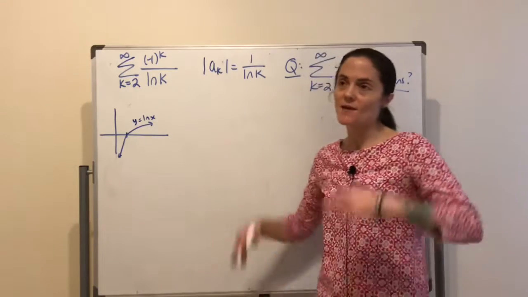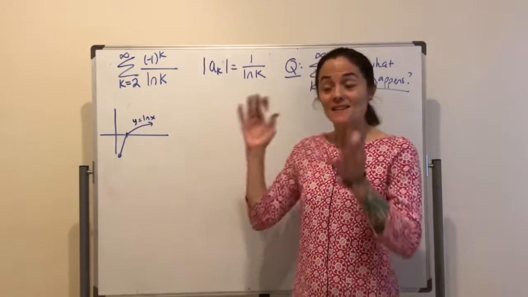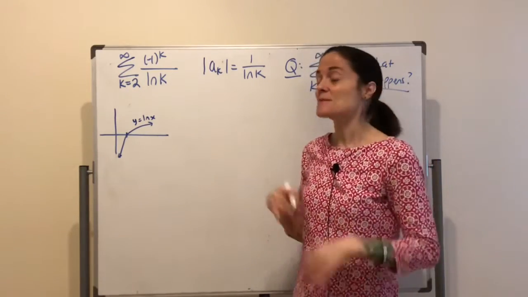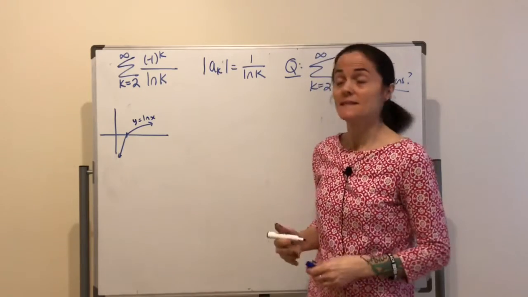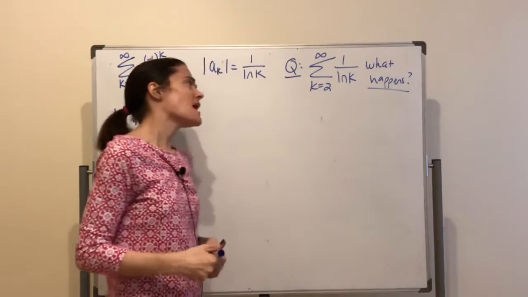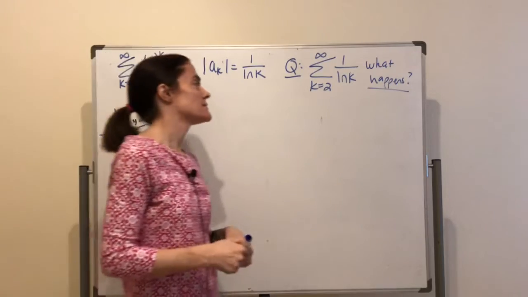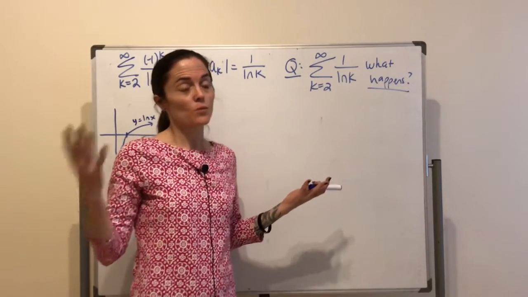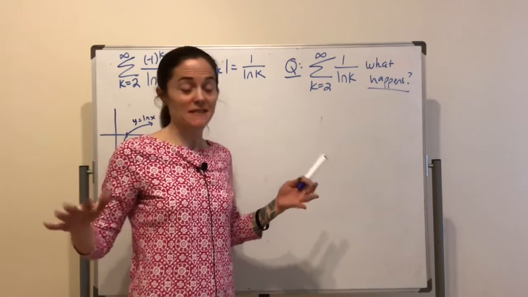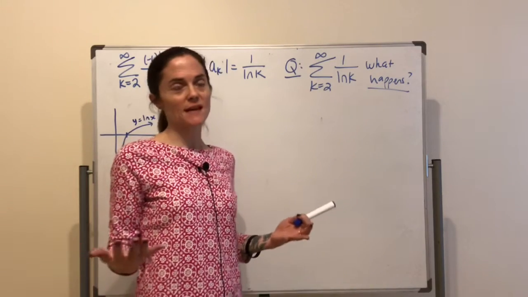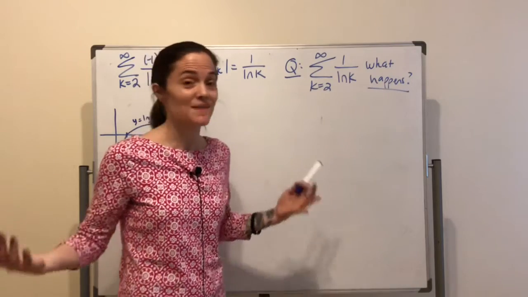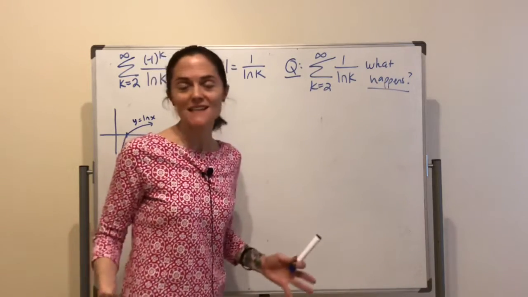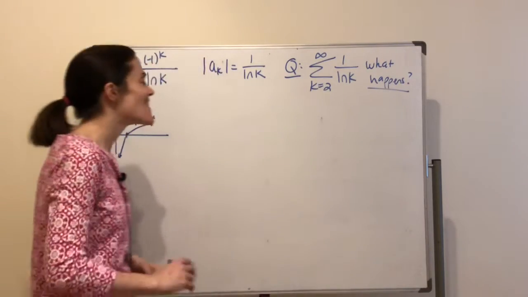So then I would say, okay, take the absolute value of the terms, and then take the sum. Does this converge? Well, can we integrate this? No, 1 over ln k is one of the functions that does not have an elementary antiderivative. So trying to calculate an improper integral here and do an integral test would be challenging.